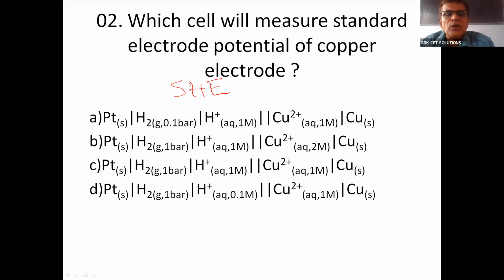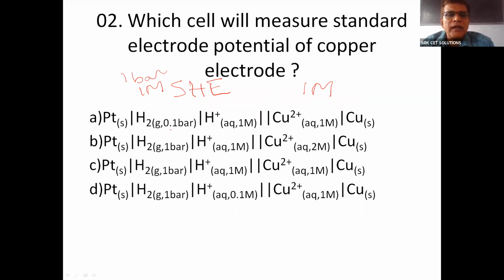The standard hydrogen electrode characteristic is that the pressure of hydrogen gas is 1 bar and the molarity of the hydrogen ion is 1 molar. Even for the other half cell, the concentration of the ion must be 1 molar, and if gases are involved, the pressure must be 1 bar.